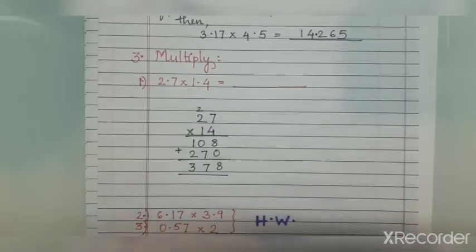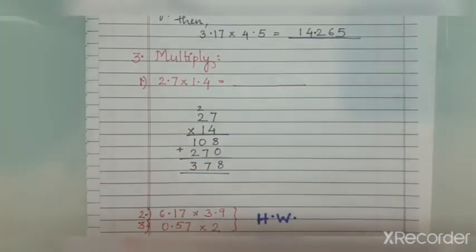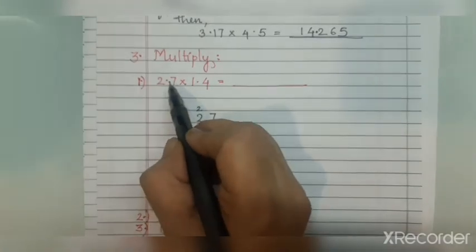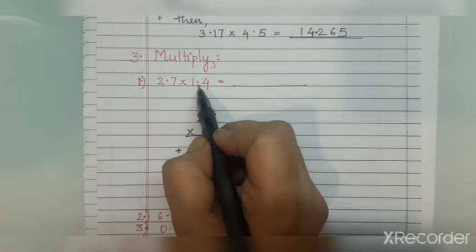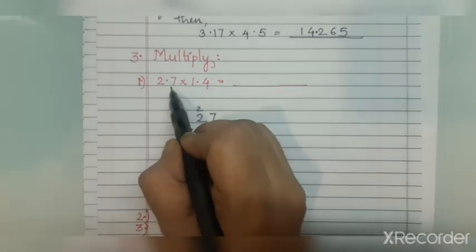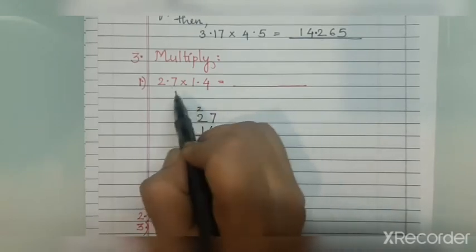But now when we write the answer, we have to consider the decimal. So for that we have to check the total number of decimal places. That is, after the decimal, how many digits are there? In the first case, after the decimal 1 digit, and in the second also after the decimal 1 digit. So there are 2 decimal places.